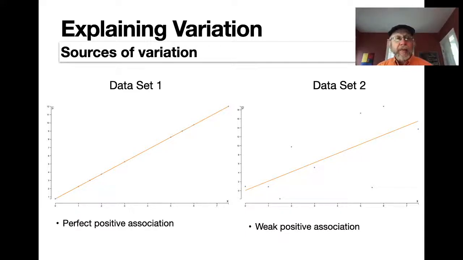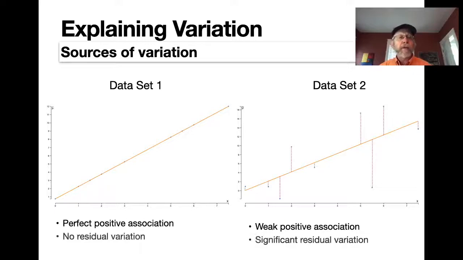And if you think about the variation in the response variable, in the y variable, in graph number 1, there is going to be variation in the response variable, but it's all because the data are tracking along that trend line. And so in that graph, there's no residual variation because there are no residuals in data set 1.